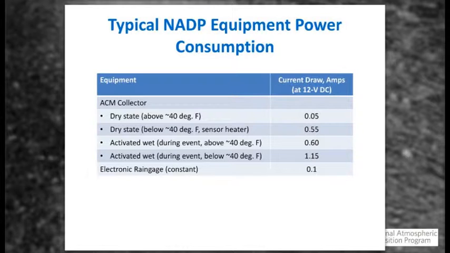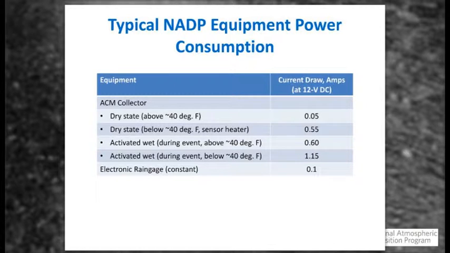I'm going to let Chris talk a little bit about the typical NADP power requirements, prices, consumption, stuff like that. Basically, to summarize, the ACM collector has an appreciable power draw. The sensor on it has a constant draw of about 0.05 of an amp at 12 volts DC.